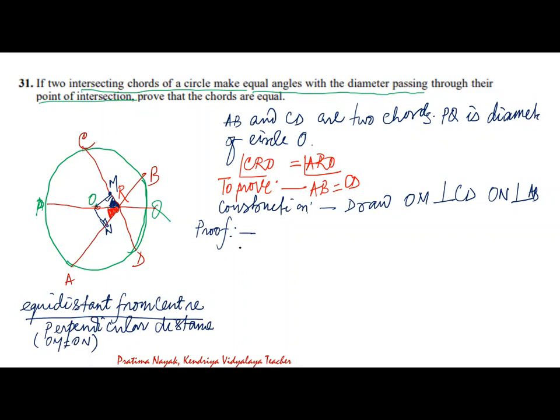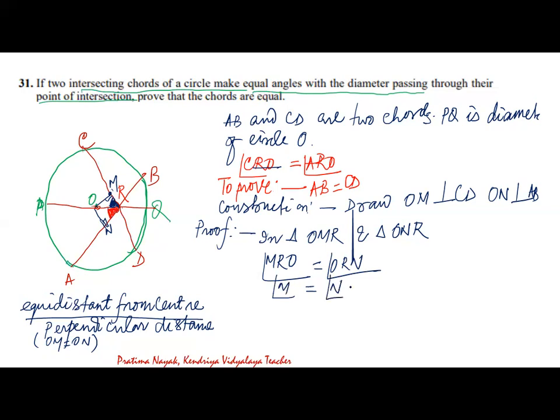Now I'll take two triangles OMR and ONR, and I'll show them congruent. How to show it congruent? Can you think of angles? One angle is given here. What is it? Your angle MRO, because CRO is the same as MRO, is equal to angle ORN. Angle is equal. Another, angle M is equal to angle N. Why?